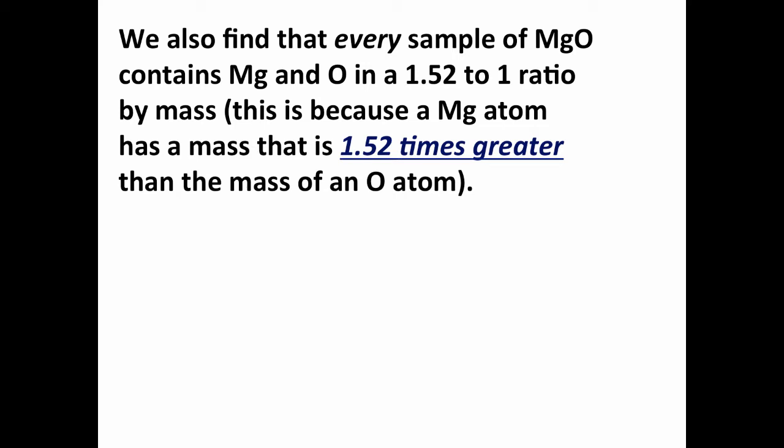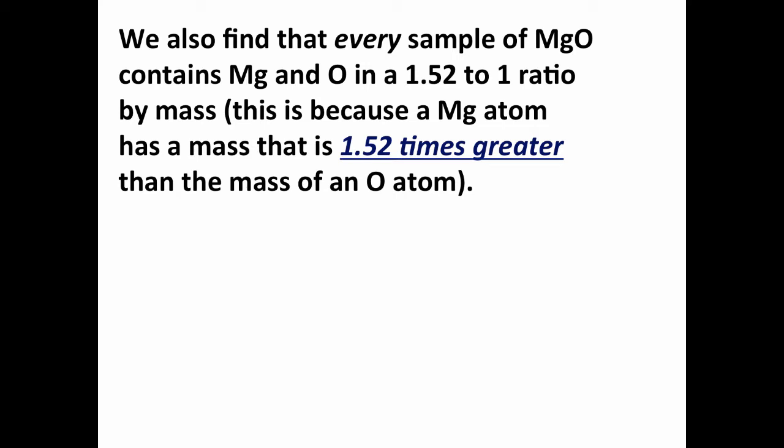We also find that if we burned a larger piece of magnesium, it would react with more oxygen, and we'd make more magnesium oxide. But any sample of magnesium oxide always contains magnesium and oxygen in a 1.52 grams of magnesium to 1 gram of oxygen ratio by mass, in whatever mass units you use.